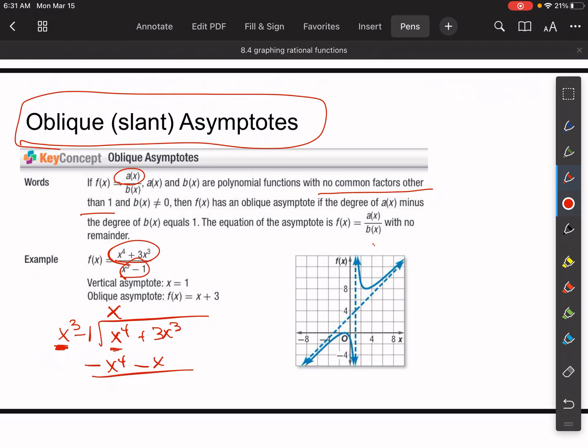All right, and then if I subtract that, notice that I can't bring anything else down here. So since these degrees don't match up, I have to have place values. So it's actually minus 0x to the third minus 0x squared minus 1x.